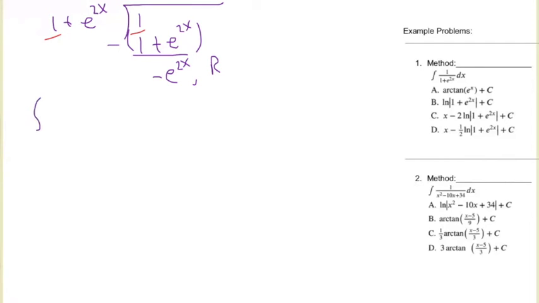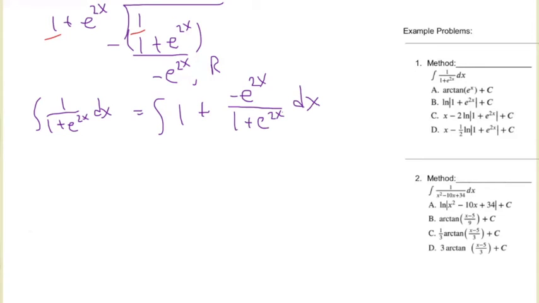the integral of 1 over 1 plus e to the 2x dx is equal to the integral of 1 plus negative e to the 2x over 1 plus e to the 2x.